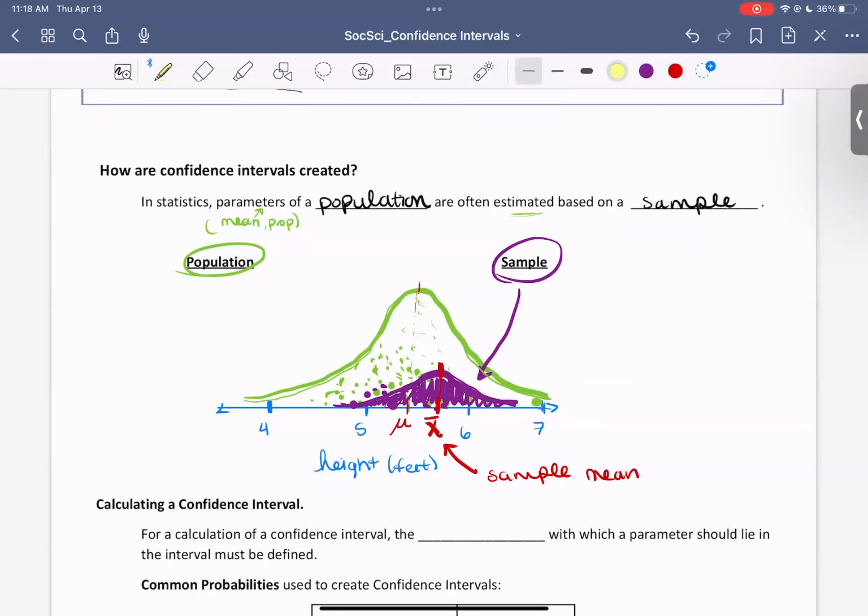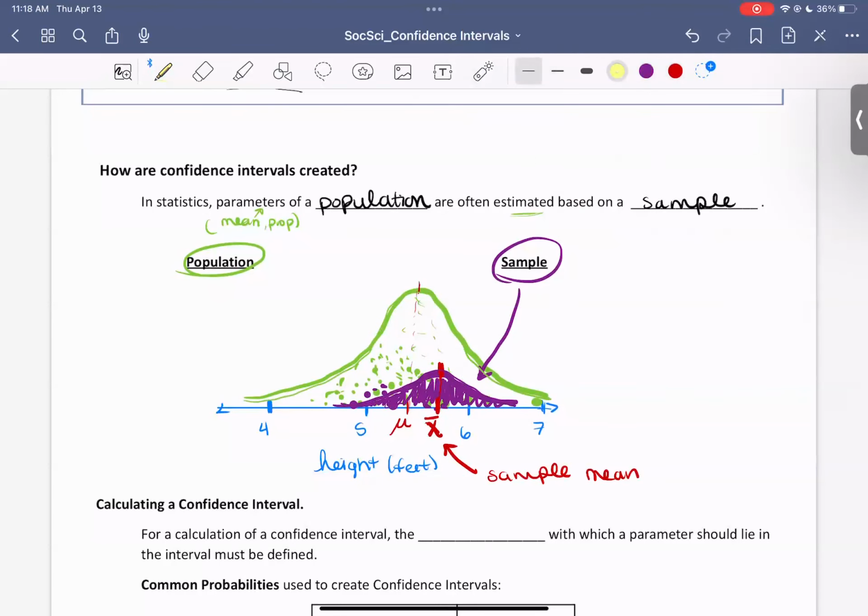So in this case, say our range of values goes from here to here. And what we'll see is when we create a confidence interval, we always have that sample mean in the middle. And then we're going to collect a certain amount on both sides. So it's symmetric here. So in this case, our confidence interval would start from maybe about 5.1 to 6.4.